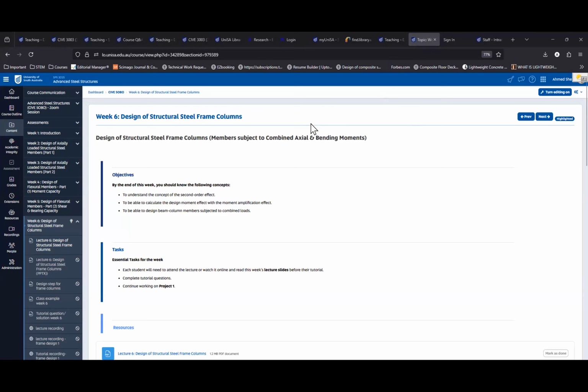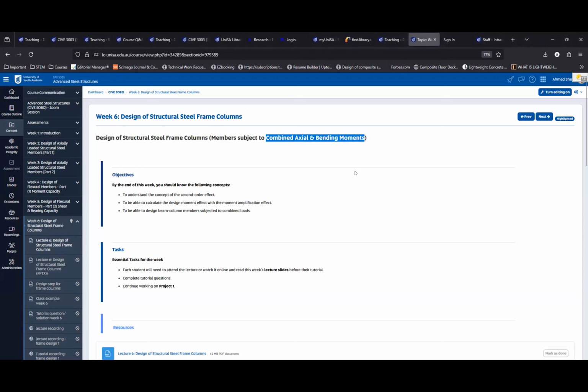Okay, so let's start our lecture today. Today we will learn how to design structural steel frame columns, or mainly the members under combined axial loads and bending moments.